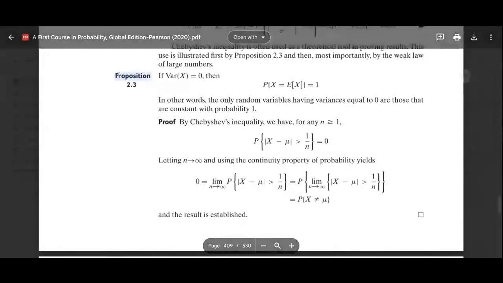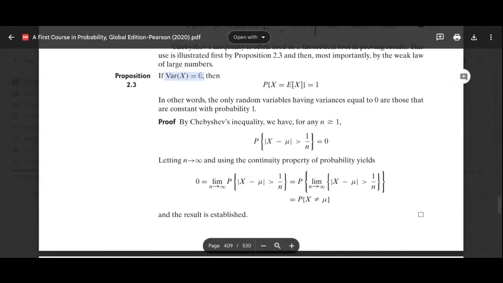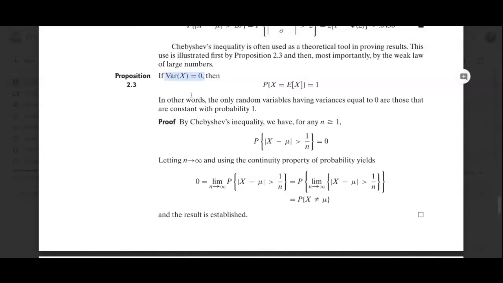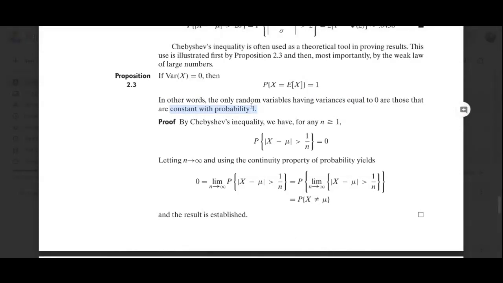Let's see this proposition. If the variance is 0, the probability that X equals its expected value will be 1. Of course, because there's no variance, there's no change among the data. All the data are the same. In other words, the only random variables having variance equal to 0 are those that are constant with probability 1.